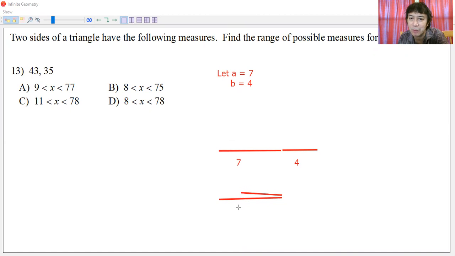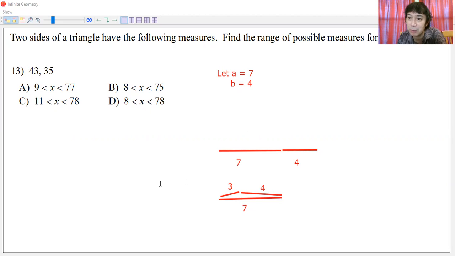Notice you have something here, which is more likely the difference. That approximates about 3, very close to 3.